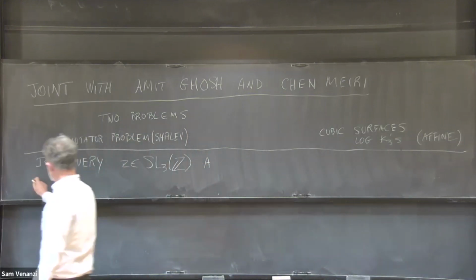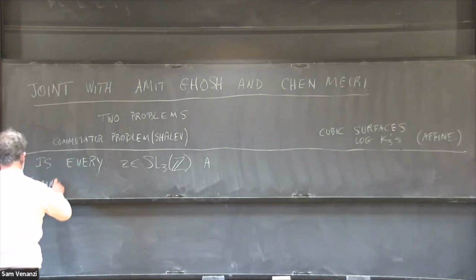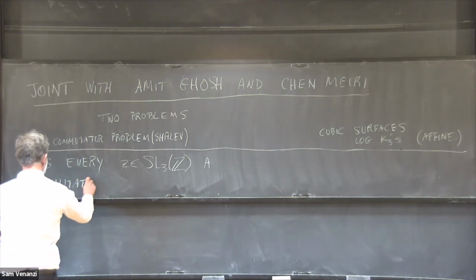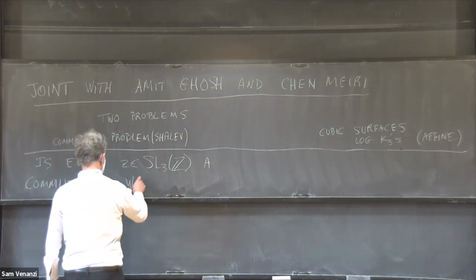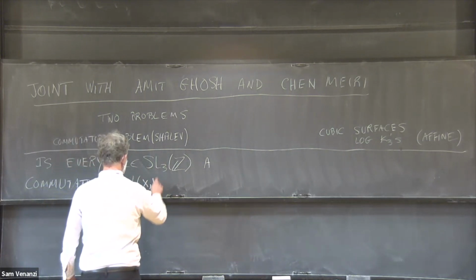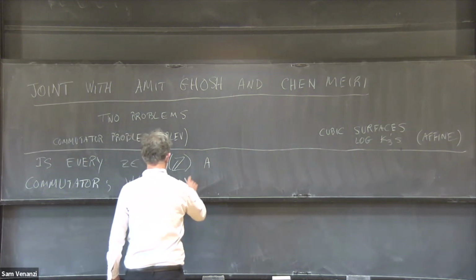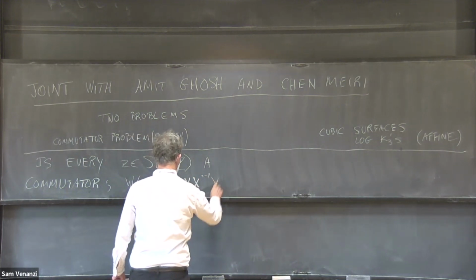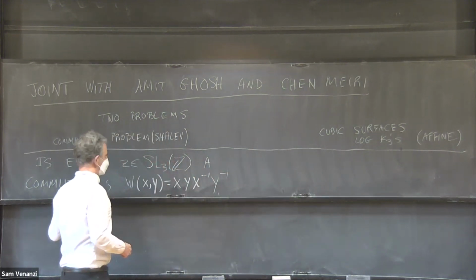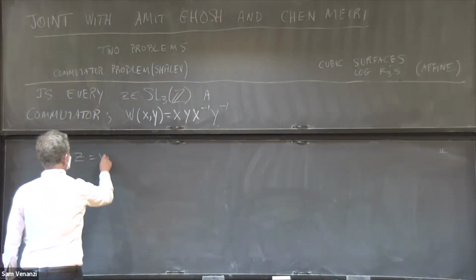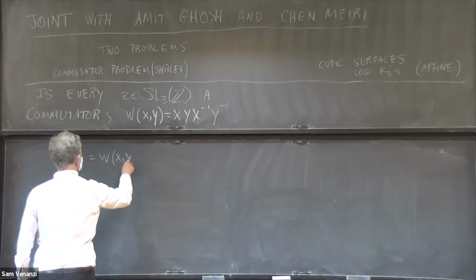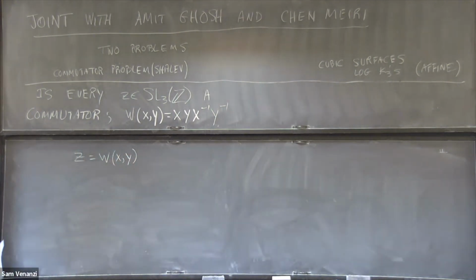That is, if I look at the equation Z equals W(X, Y), where W is the commutator word, you give me Z, and I find X and Y such that Z is in the form of one commutator.